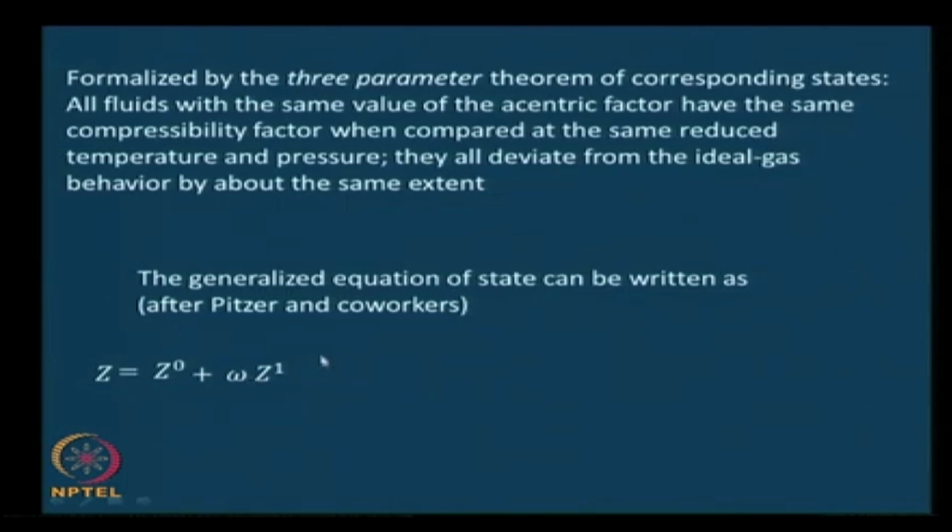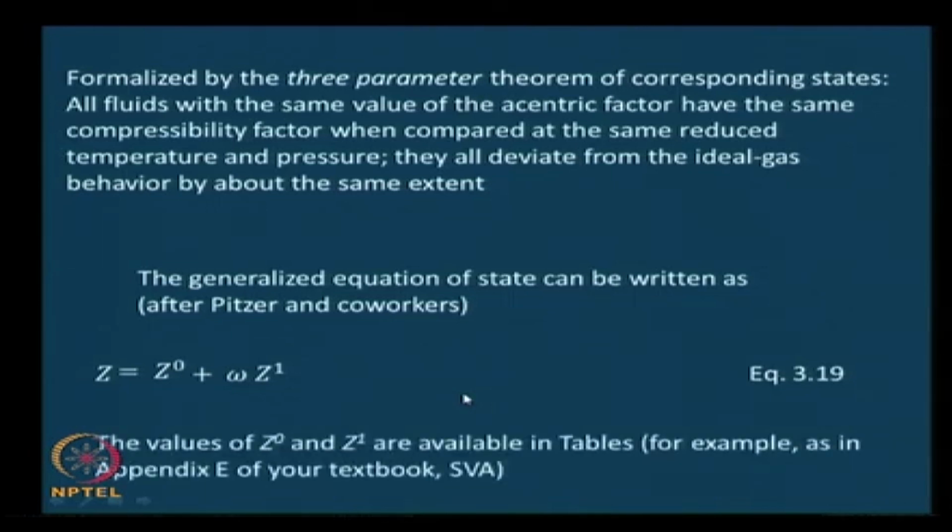This has now become the equation of state. We will call this equation 319. Why it is written in this form is that the values of Z naught and Z1 are available readily in tables. So, one can use those tables and directly calculate the compressibility factor here.